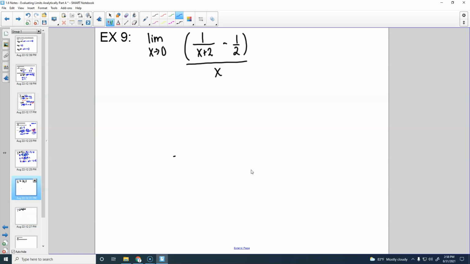Okay. Here's your next one. Everybody's favorite complex fractions. Who doesn't like a fraction inside of a fraction?